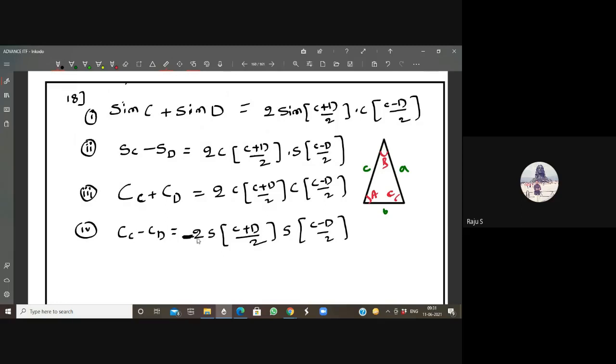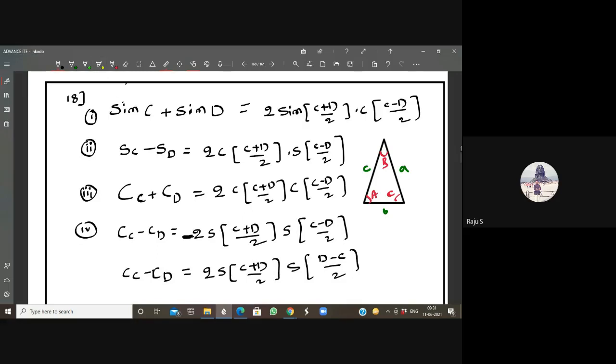If you don't want to write that minus sign, this can also be written as sin (C+D)/2 sin (D-C)/2, since (C-D)/2 becomes (D-C)/2. Any one of the ways you can do it. So that is the sin C minus sin D formula.